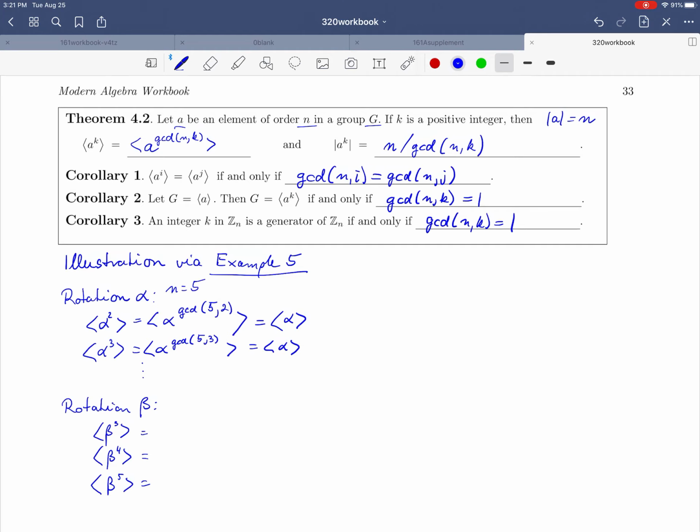That would be the case for all other powers, so if we looked at alpha to the 4th, we'd get the same thing. Now, when we are moving on to the hexagon, we have n equal to 6. Beta, our 60-degree rotation, has order 6, and we have a little bit more interesting things happening in this case. When we're looking at the subgroup generated by beta cubed, we get beta raised to the GCD of 6 with 3.